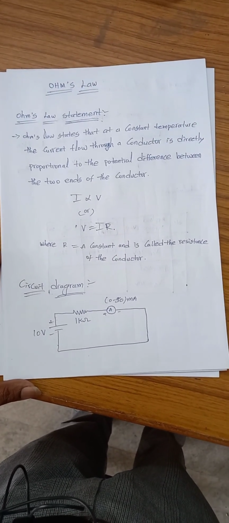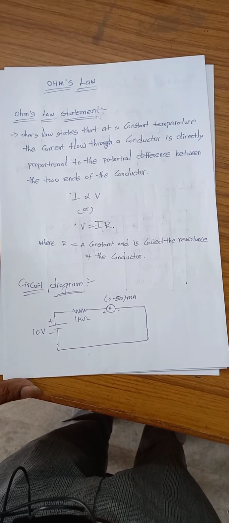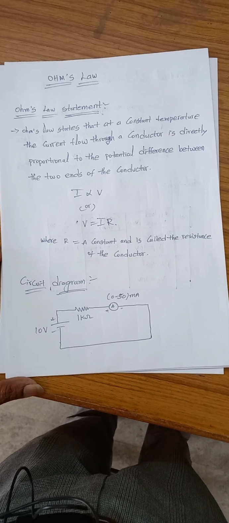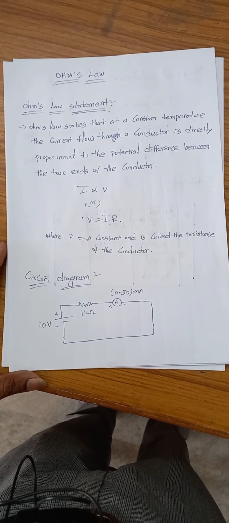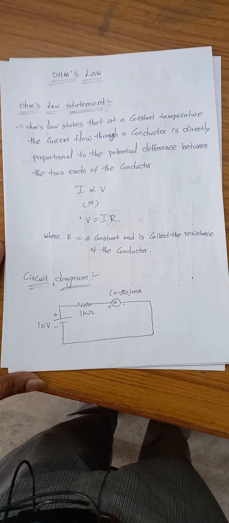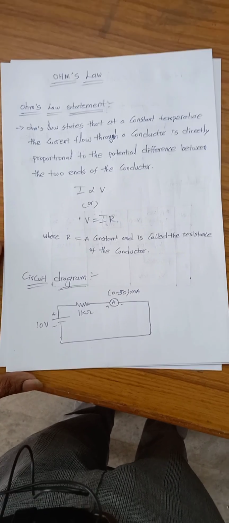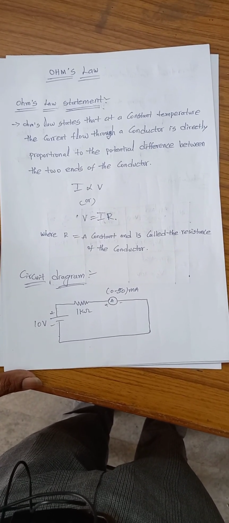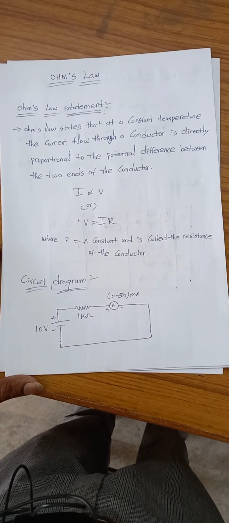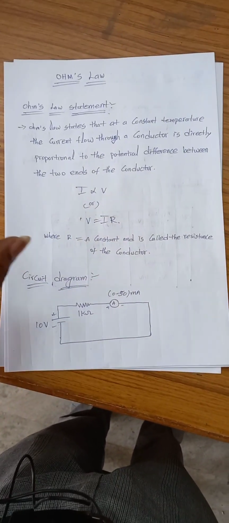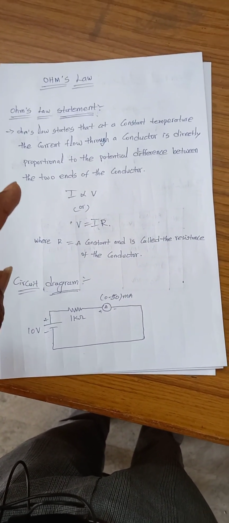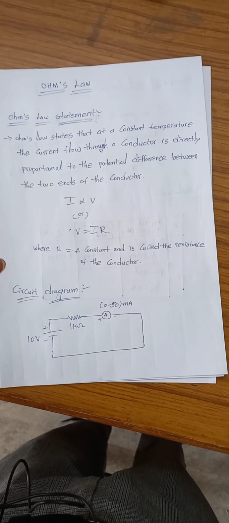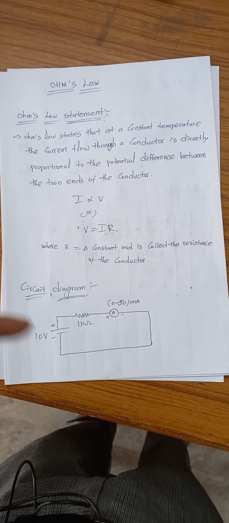Because of that, the flow of current increases if temperature increases. If temperature increases, conducting material conductivity will decrease. Because of that, whenever temperature changes, the flow of current changes because of the resistance. That's why at a constant temperature only, Ohm's law will be obeyed. If temperature is not constant, Ohm's law will not be obeyed.